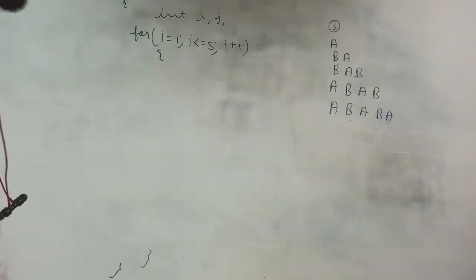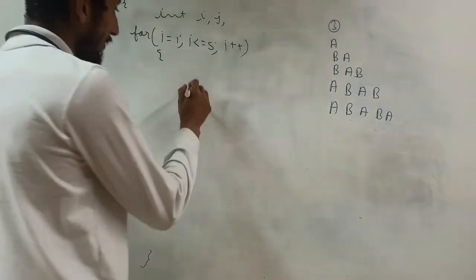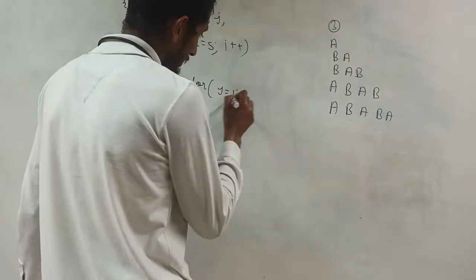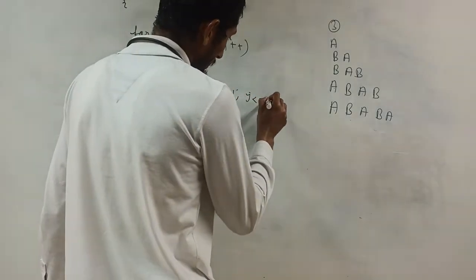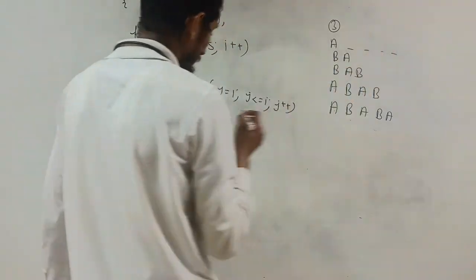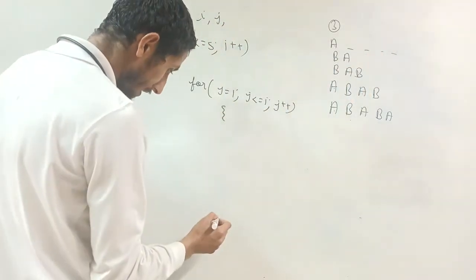How many columns in every row? 5. So let me put 5, for j equals 1. There is no need to print space. Like this one.